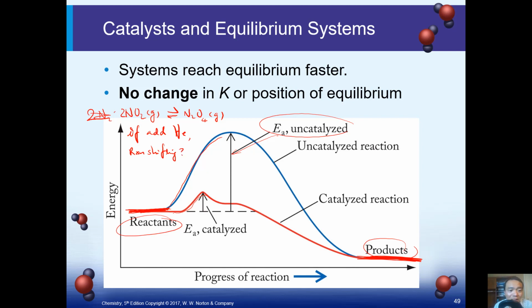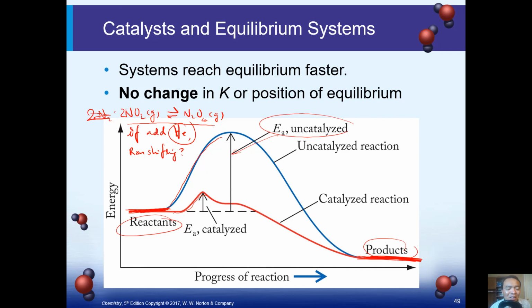No change. Why? Remember, Le Chatelier's principle is only applicable when that perturbation changes either Q and or K. Helium is not even reacting with any of these things. It's not part of the Q or K expression.